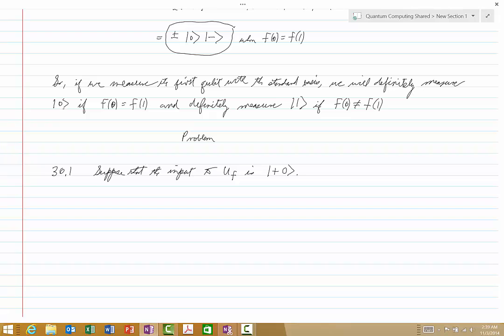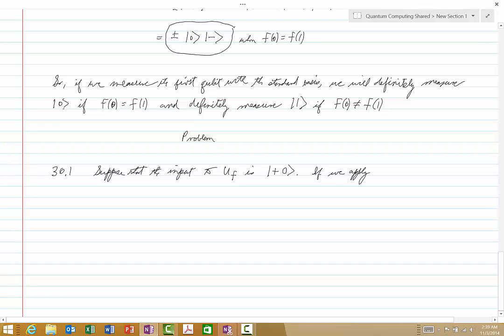And so if we apply the Hadamard, or let's just put it into exactly the same terms that we have in the lecture.